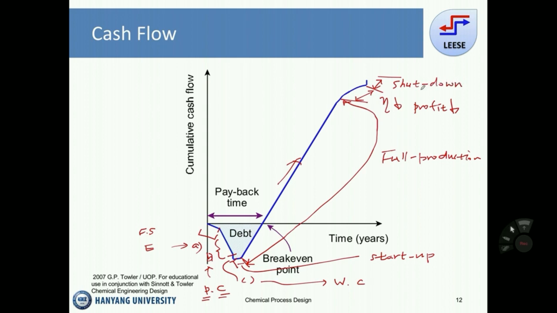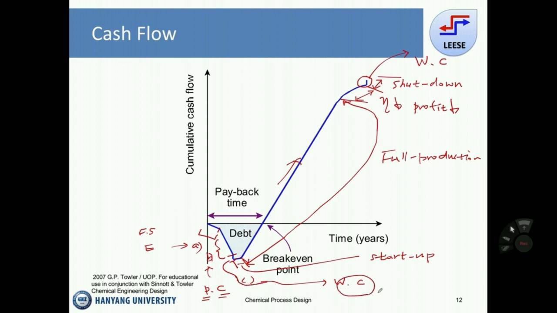So the company decides to shut down the process, then we don't have any benefit from selling the product, but we can recover working capital. In the beginning, we have the working capital here, okay?